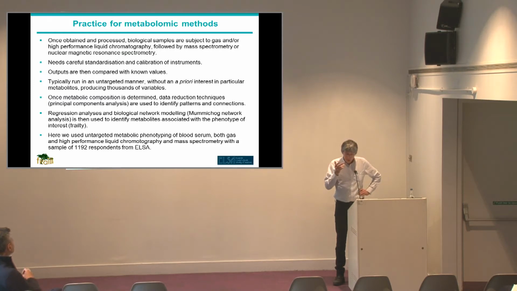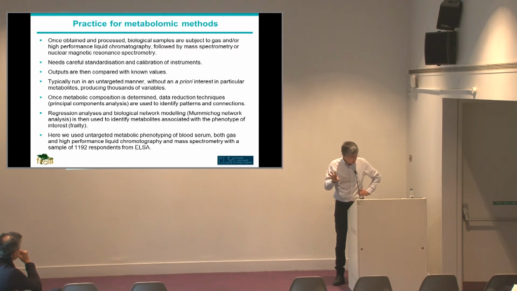I put the word mummichog in there, not because I understand what it is or how it's done, but just so that you can have that as a reference term. This seems to be the thing that most people use when they're doing this, mummichog network analysis. And then once you've identified potential metabolites and the networks that they're based within, you can then correlate that with the phenotype of interest, frailty.